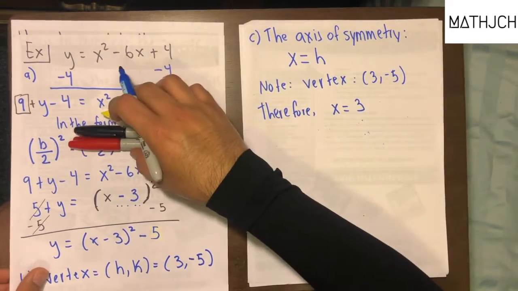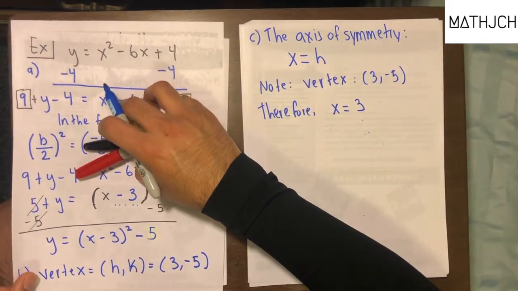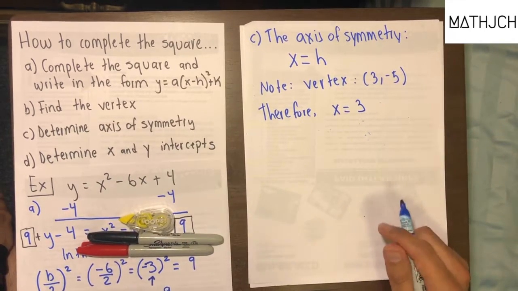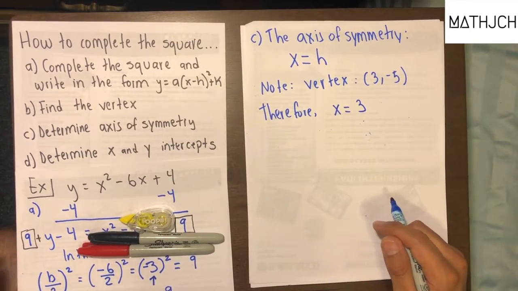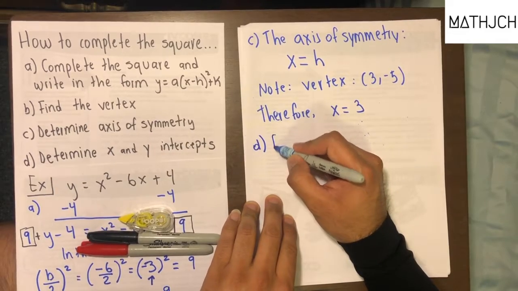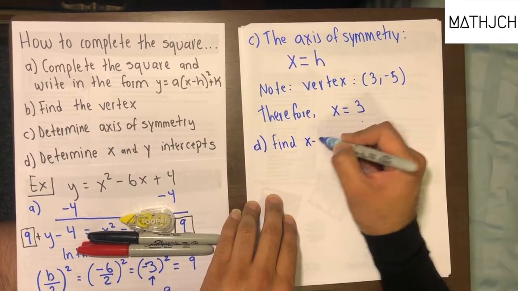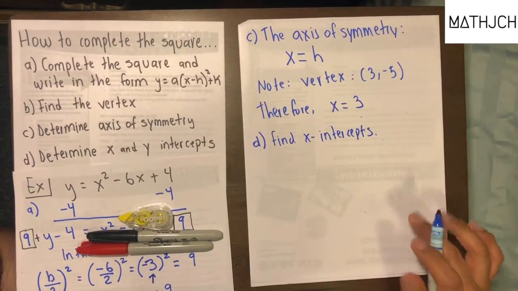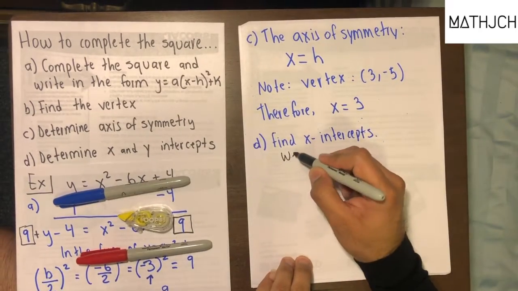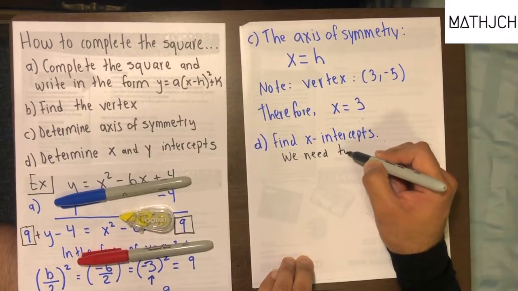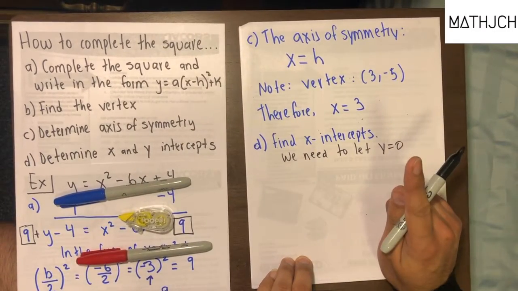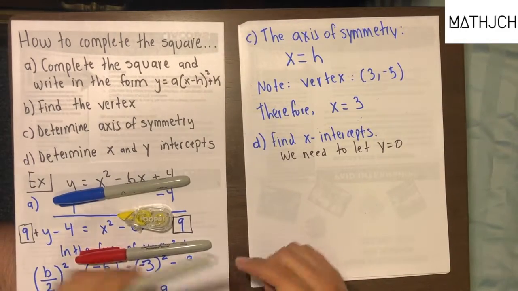Now, let's work on part D of our problem. Determine x and y intercept. Let's find our x-intercept first. So to find the x-intercept, we need to let y equals 0 from our function or equation, okay?